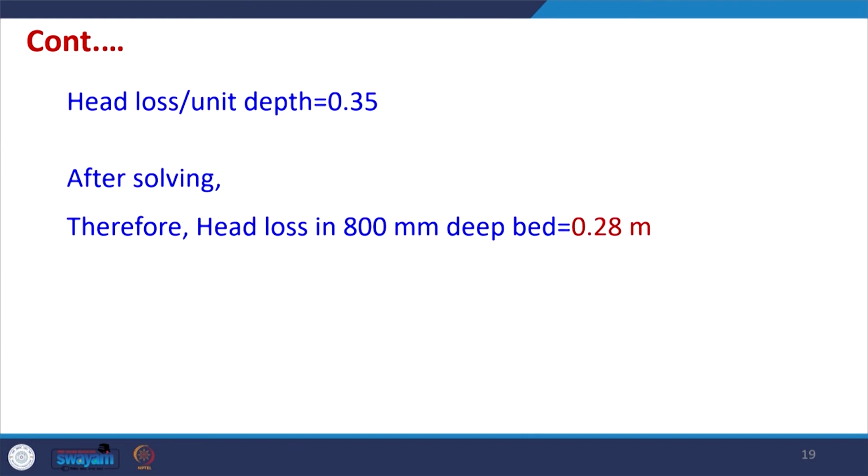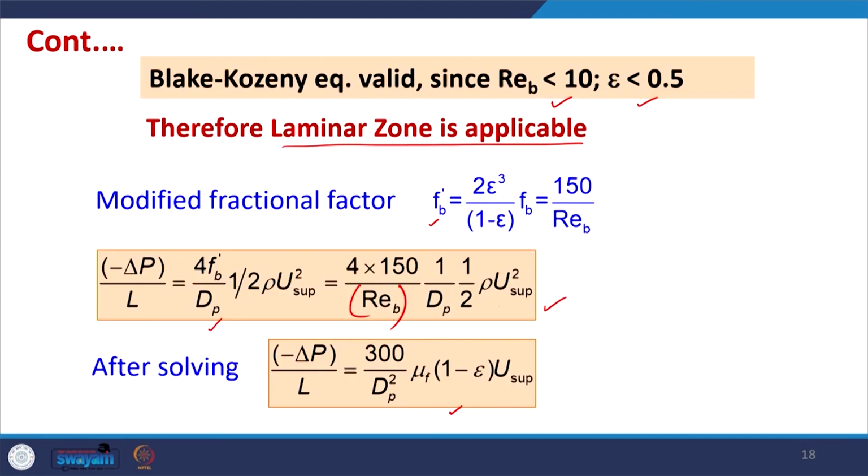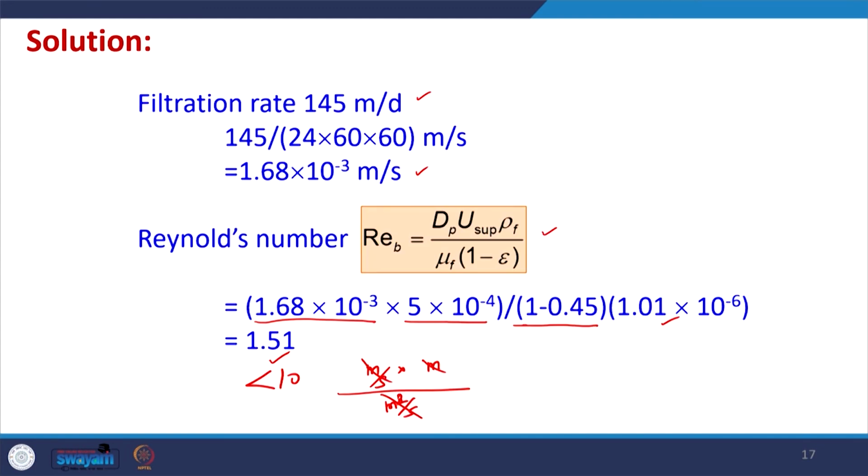The head loss per unit depth comes out to be 0.35, when L is taken as 1. Now, for an 800 millimeter deep bed, the value comes out to be 0.28 meter. This is the head loss under this condition, so we can cross-check whether it is suitable or not, otherwise we have to modify some parameters.